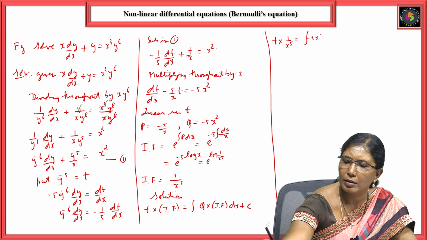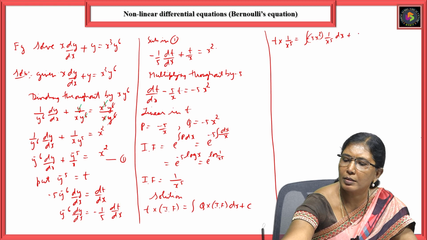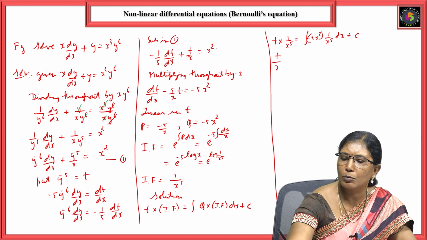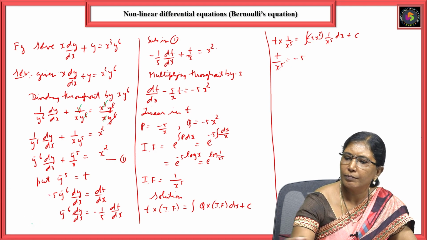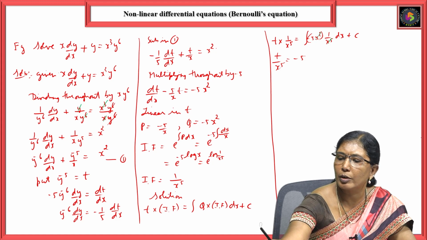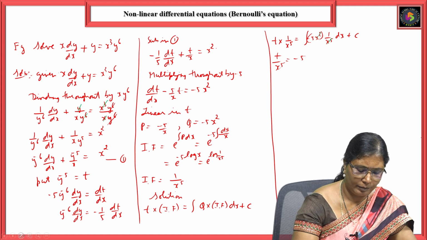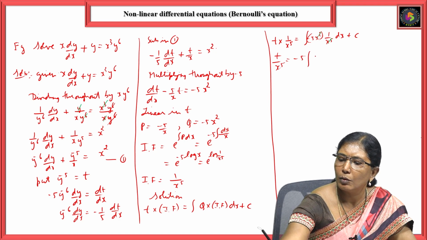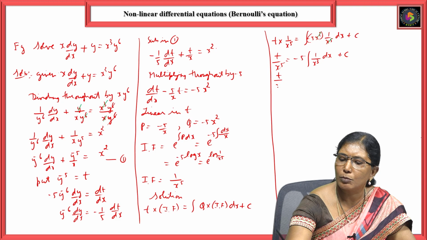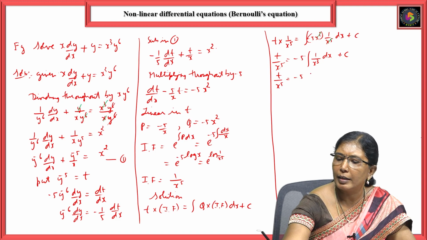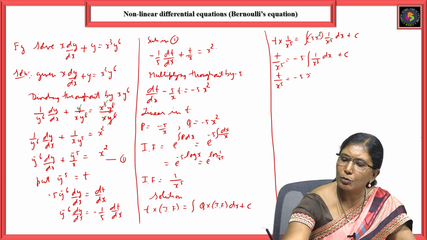Minus 5 x square into 1 by x to power of 5 dx plus c. So t by x to power of 5 is equal to minus 5, what gets cancelled here? x square by x to power 5, 1 by x cube remains here, dx plus c. So t by x to power of 5 is equal to minus 5, integration is nothing but x to power of minus 2 by minus 2 plus c.